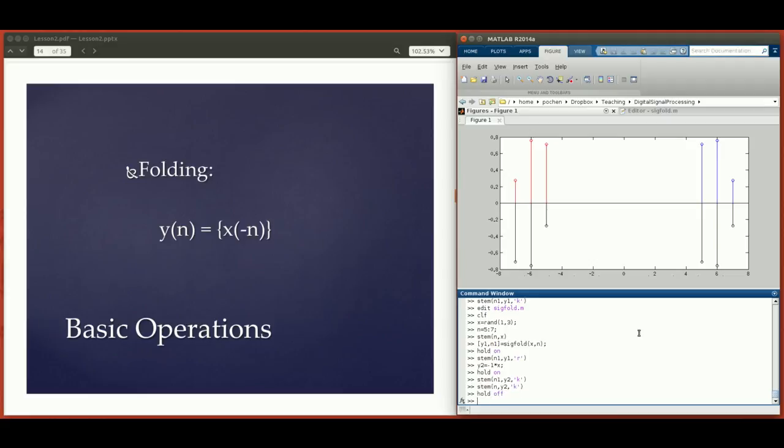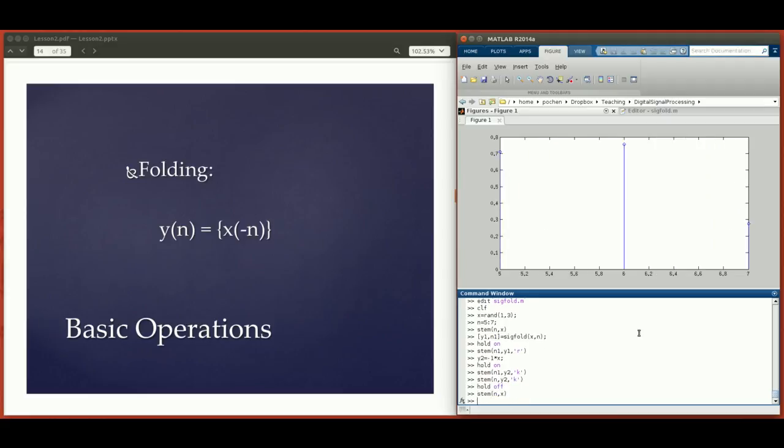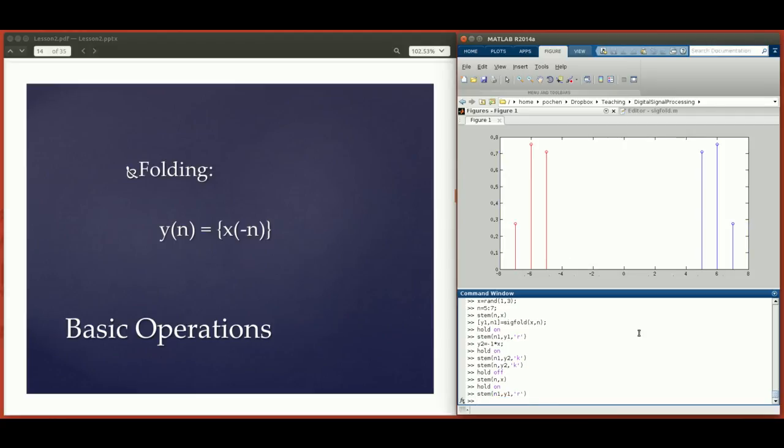Let me turn off the hold, and then stem n x, that's the input signal. Hold on to it. Stem n1 y1, that's the folded signal, right? And then stem n y2, that's the input signal multiplied by -1.